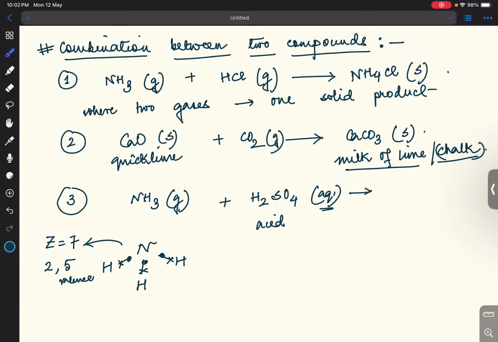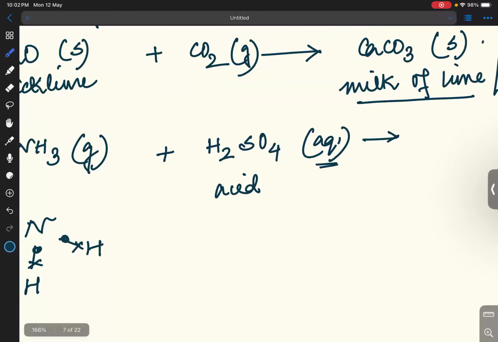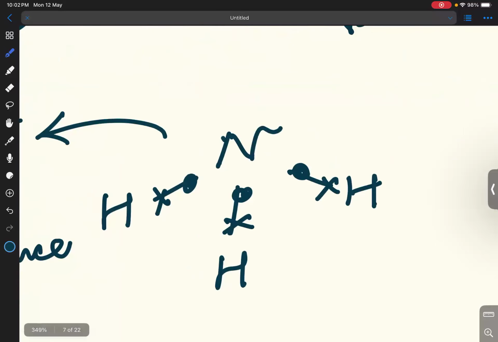If nitrogen is sharing 1 electron with hydrogen, hydrogen in return will also share another electron with nitrogen. Now this pair of electrons belongs to both nitrogen and hydrogen. Is this clear, students? Nitrogen shares each electron with hydrogen.